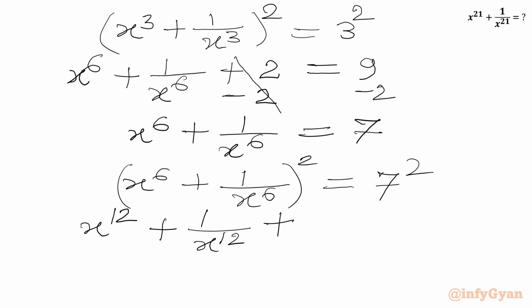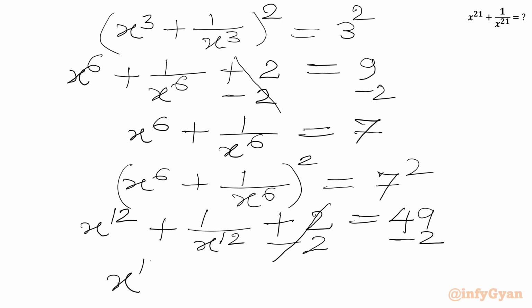So x power 6 from the numerator and denominator will be cancelled out. Only 2 will be there, equal to 7 square is 49. Again we will subtract 2 from both the sides. So plus 2 and minus 2 will be over. We will get value of x power 12 plus 1 over x power 12 equal to 47.